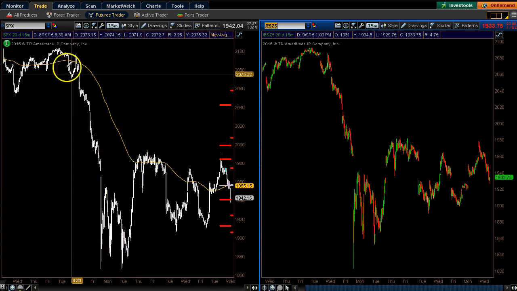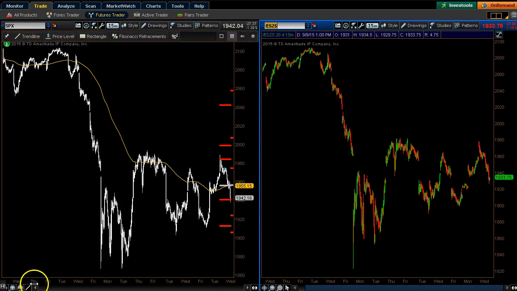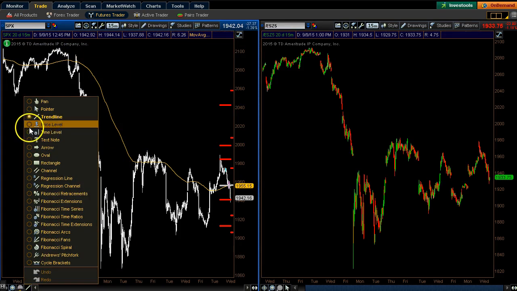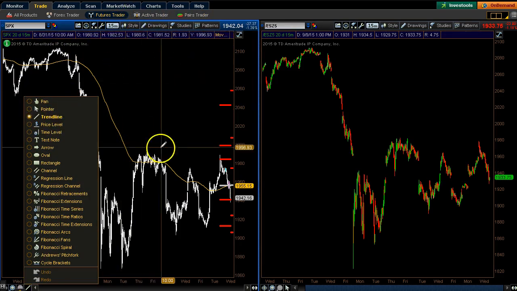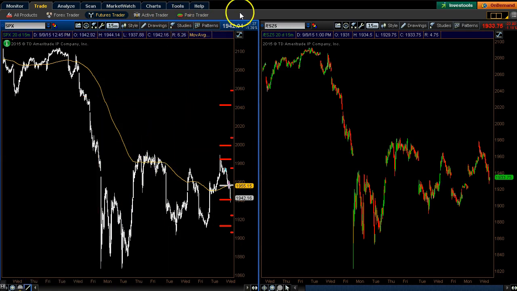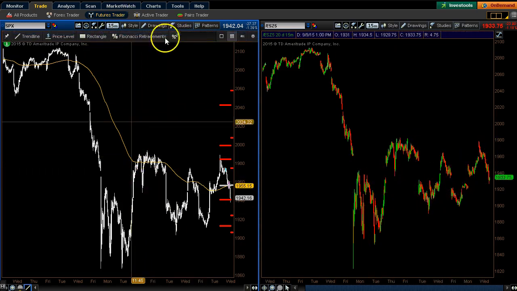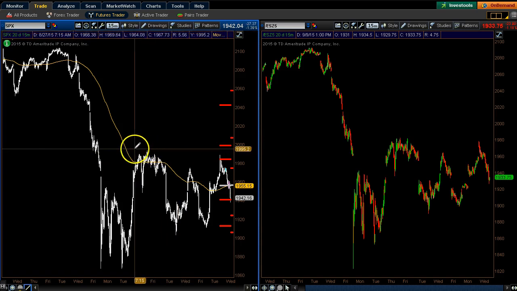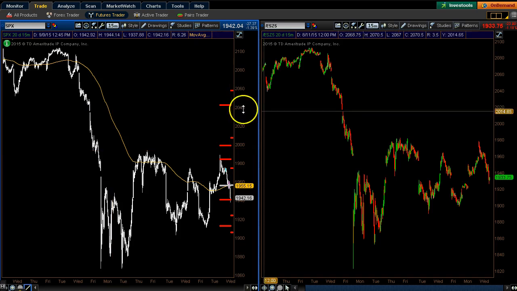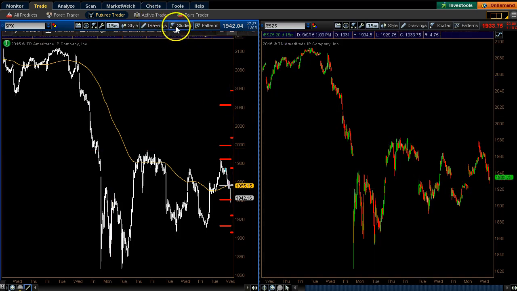What I tend to do is draw lines all over the place. Now, here's a trick. Remember, this is going to overpower these prices. What I mean by that is they respect trend lines and trend levels a lot more than the E-minis will.